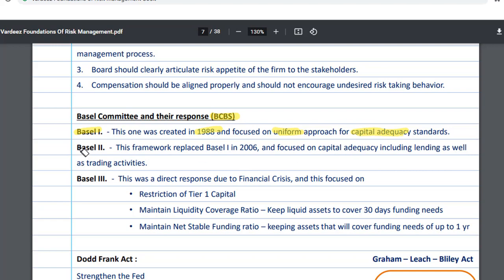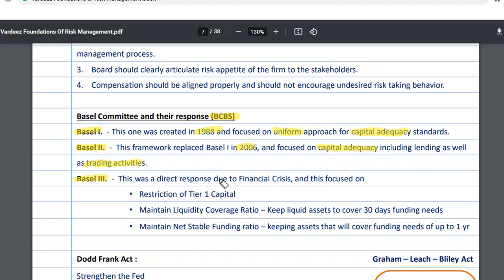Then we had Basel 2, which started in 2006, and Basel 2 focused not just on keeping capital or capital adequacy but also on the banks' trading activities. They put a restriction on the banks' trading activities as well. Okay, so this was the focus of Basel 2. And then finally, what we saw after the financial crisis is Basel 3.